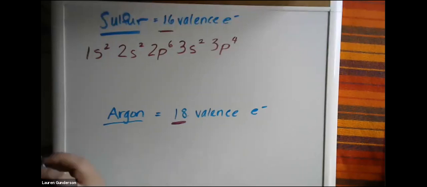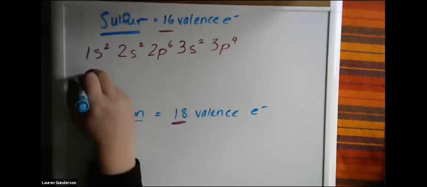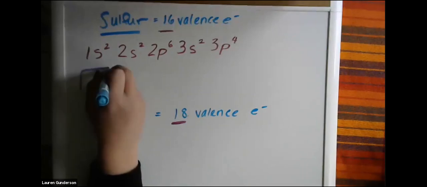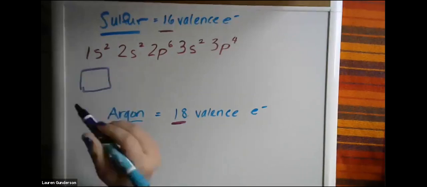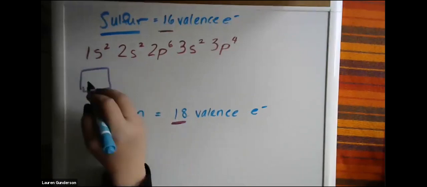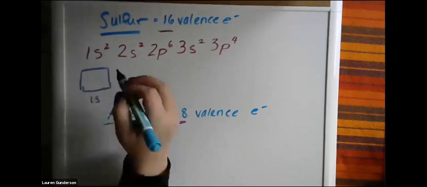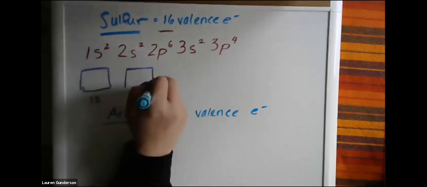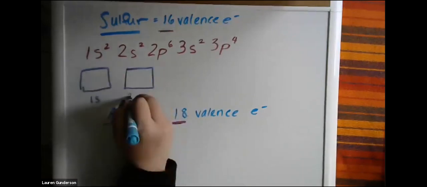So for a box diagram, you can actually physically draw boxes, or you can draw dashes. Either way is okay. You just want to label what you're doing. So this is our first box. This represents the 1s. Our second box represents 2s.